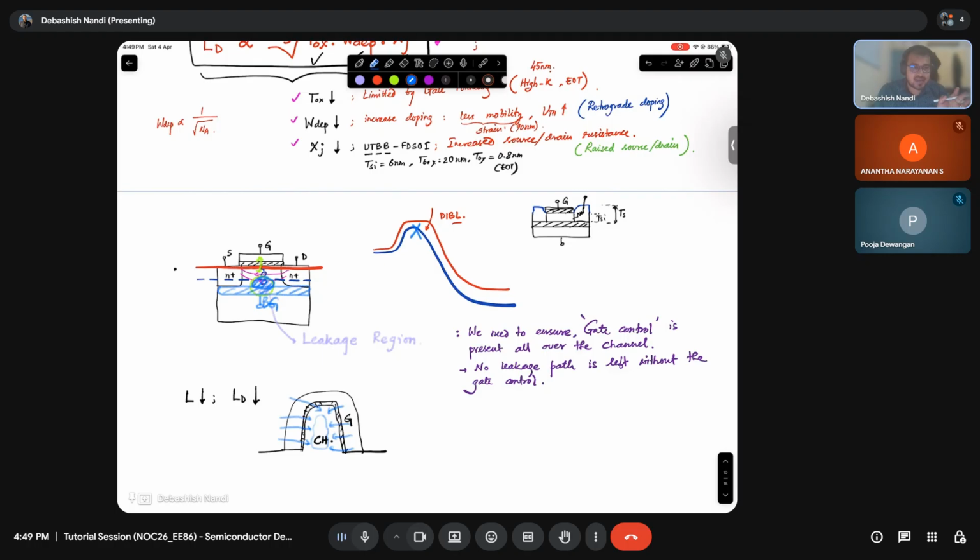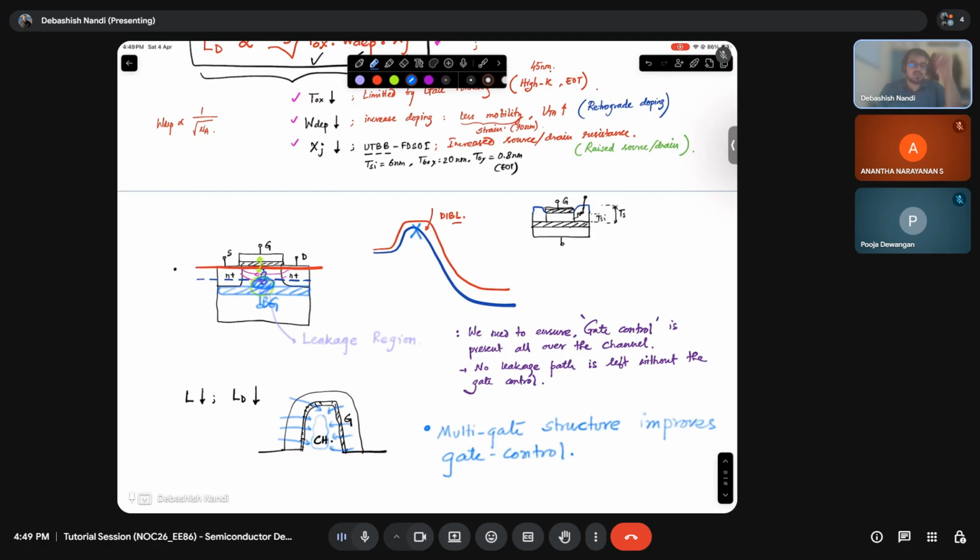Is that clear? So basically multi-gate structure improves gate control. I hope now you understand what we mean by gate control.